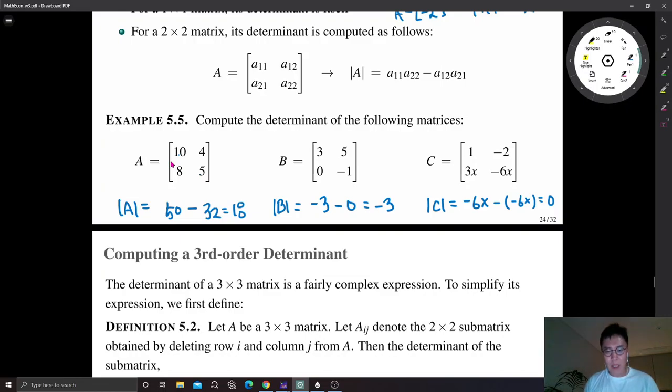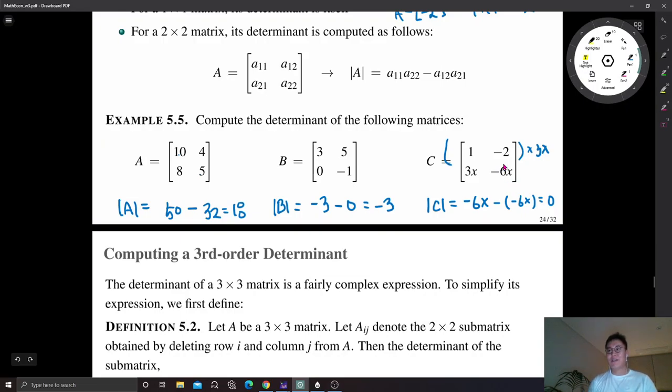Although I'm going to tell you the implication of the determinant next week, from this matrix C, whose determinant turns out to be 0, we can infer the implication. Whenever matrix C has a 0 determinant, one row is a linear combination of the other. In fact, if we multiply the first row by 3x, we can see the first row vector is the same as the second row vector.